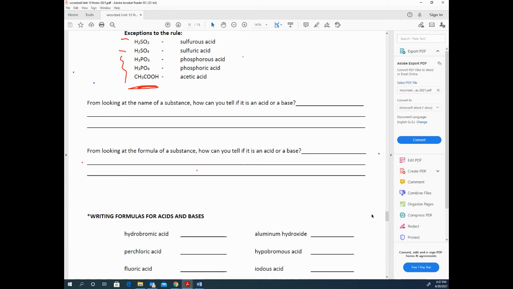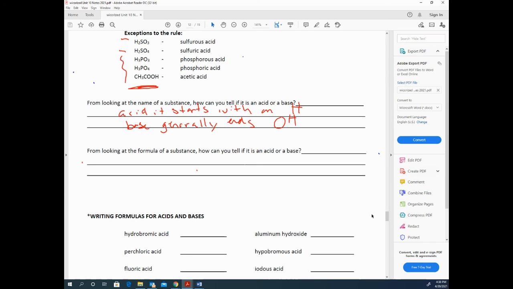All right, so from looking at the name of a substance, how can you tell if it's an acid or a base? Okay, so that's easy. If it's an acid, it starts with an H in the compound. So it's like HCl, HNO3, like that. A base generally ends with an OH.